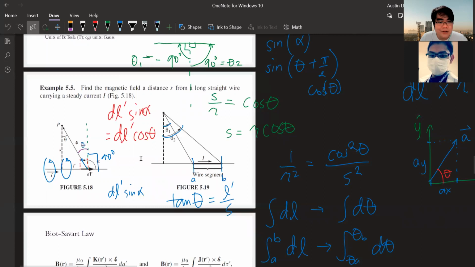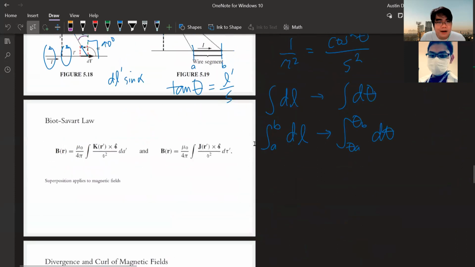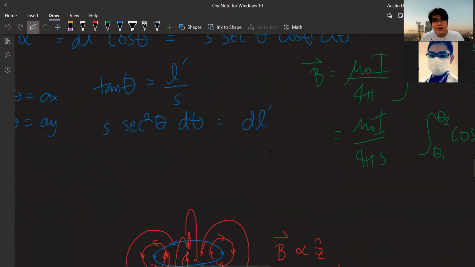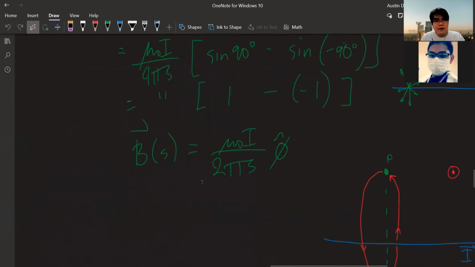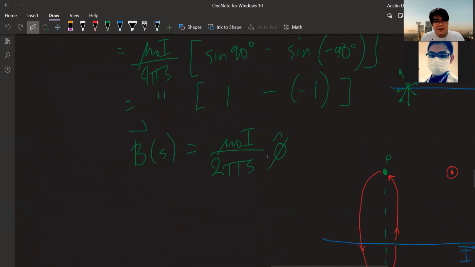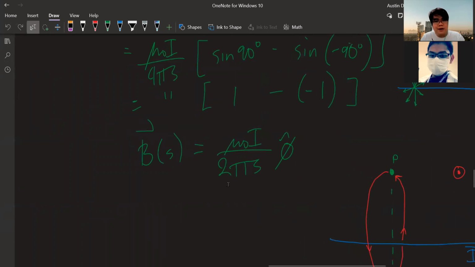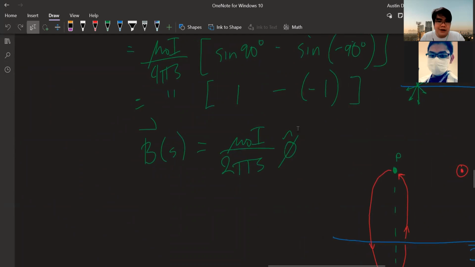Nakuha natin na yung magnetic field, the distance S from a long straight wire, is given by B is equal to mu naught I over 2 pi S. Tapos, yung direction niya would be phi hat.